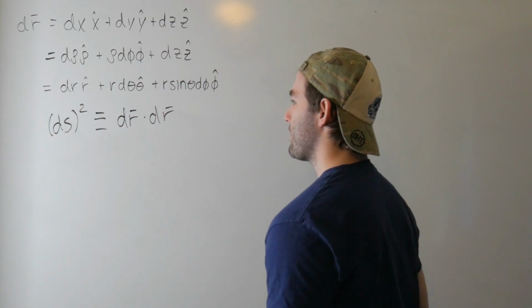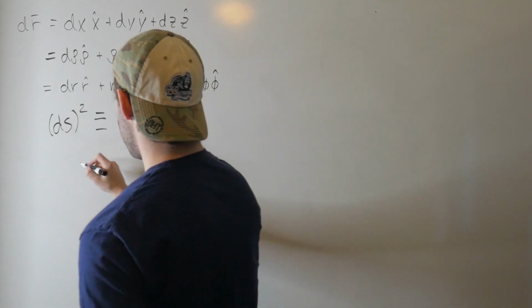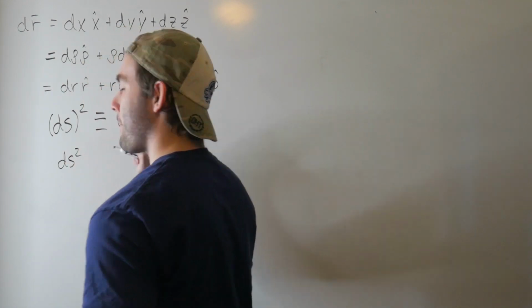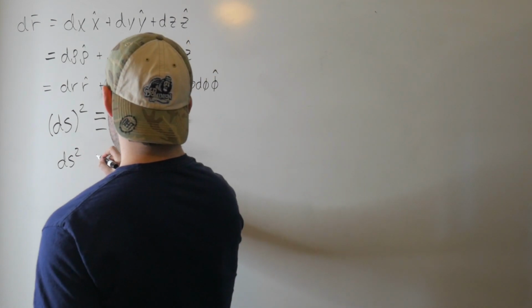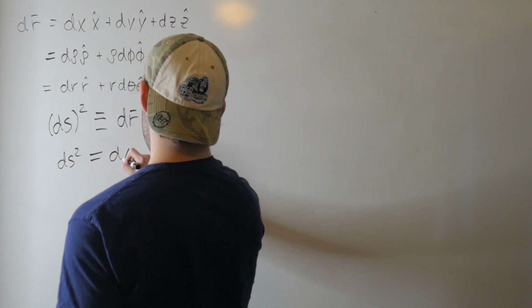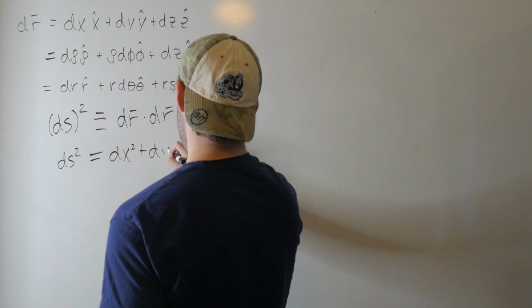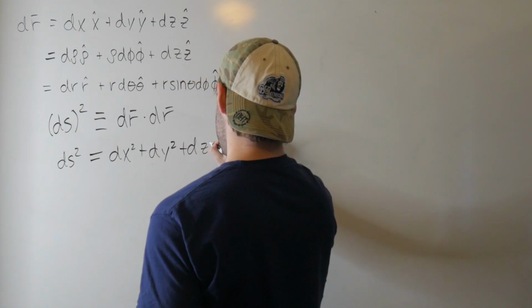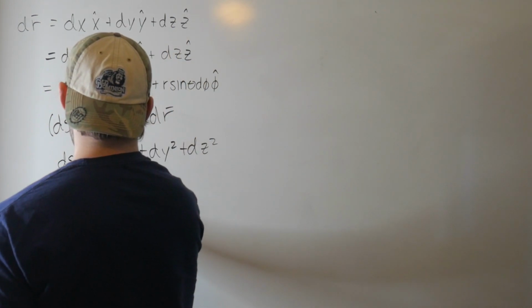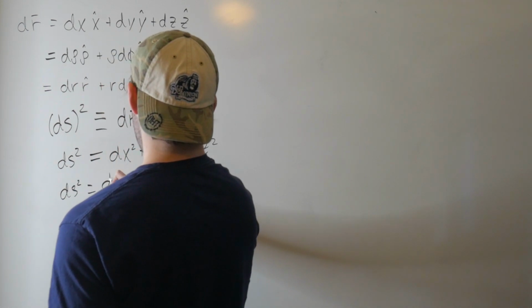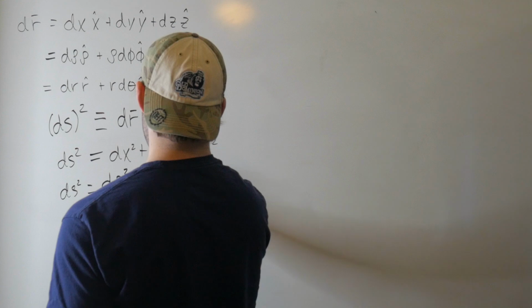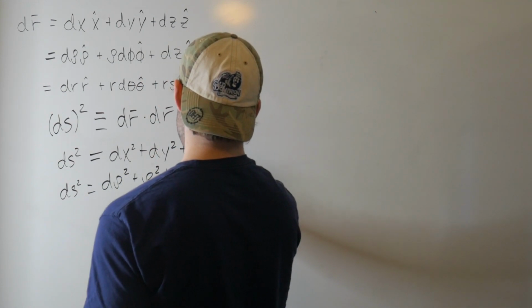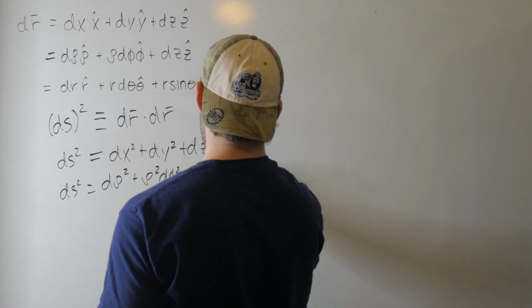If we go ahead and carry out this calculation for these three different coordinates, we get ds squared. I'm going to drop the parentheses. This is squared, it has units of distance squared, and is equal to dx squared plus dy squared plus dz squared, or ds squared is equal to d rho squared plus rho squared d phi squared plus dz squared.